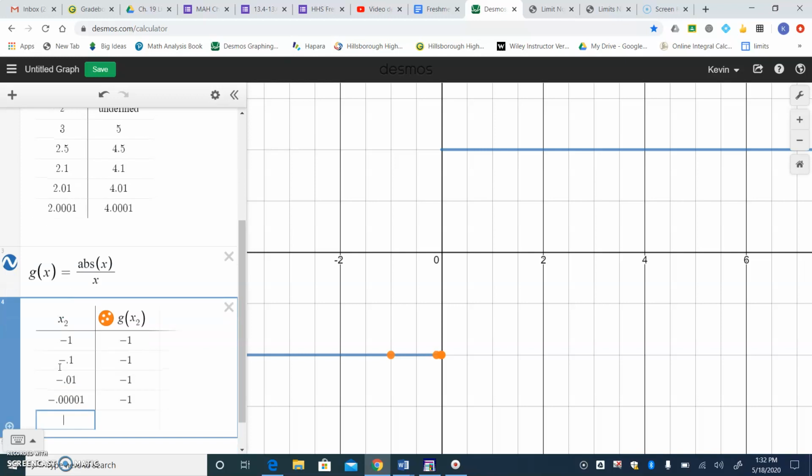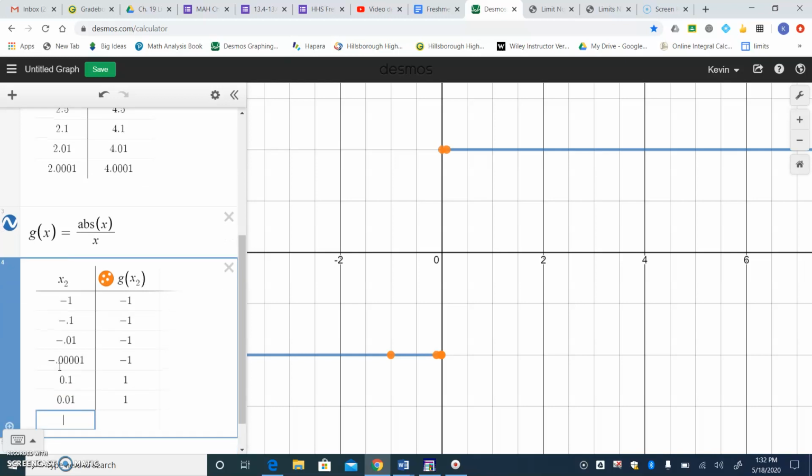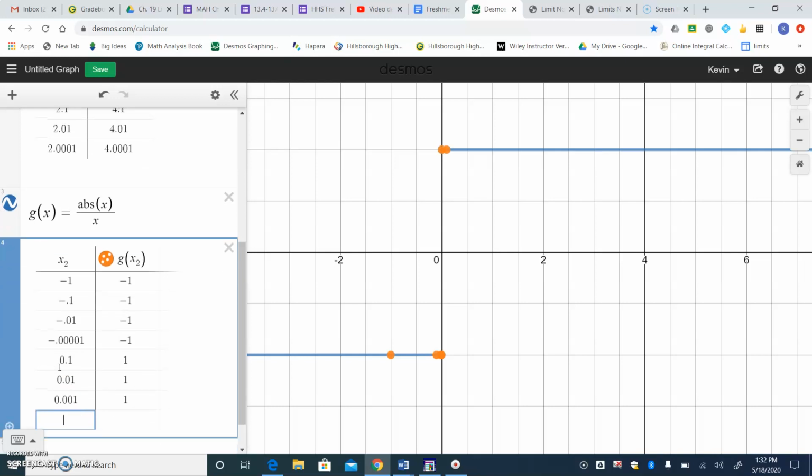And then we're going to go to the right. To the right, +1 gives me, obviously, +1 out. Positive 0.1 gives me a +1. 0.01, 0.001, all of those values are going to give me a +1.